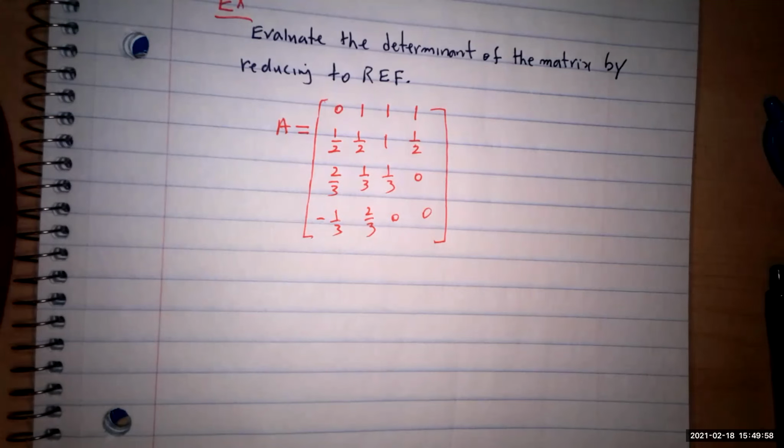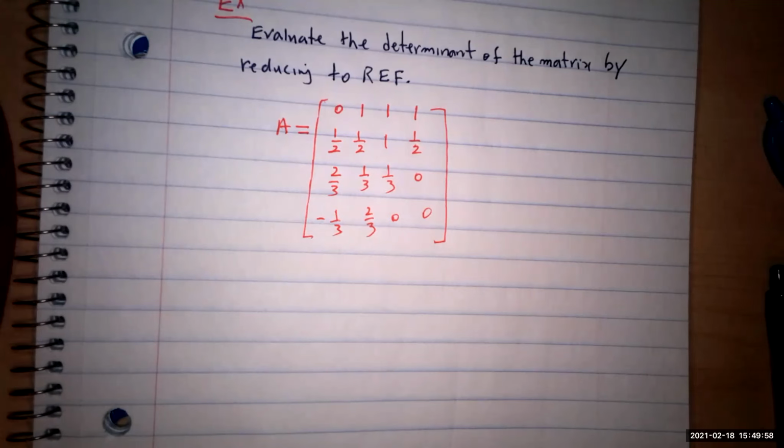For the row echelon form, we need a 1 here to start with. This is 0, so we have to switch one of these to get the 1. There is no 1 in any of them, but we can switch with the 1/2 in the second row, and then we can multiply it by 2 to get the 1.